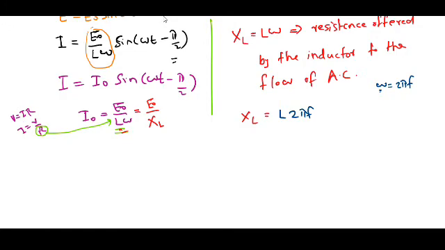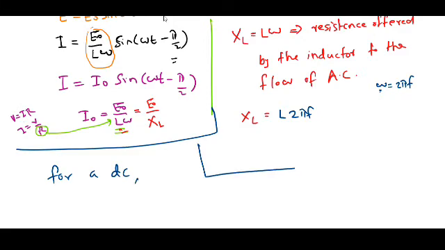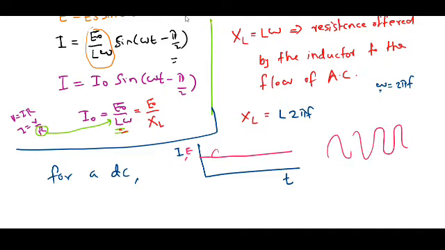And for a DC current, that is direct current, there will not be an alternating voltage. This is a direct current or direct voltage. That will be a straight line. There will not be any number of cycles per second. For an AC signal, there is a particular frequency. This is alternating voltage or alternating current.